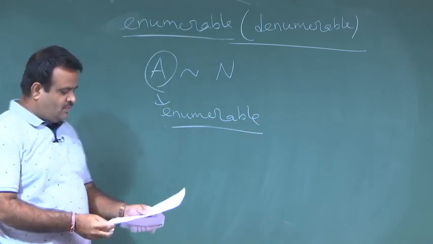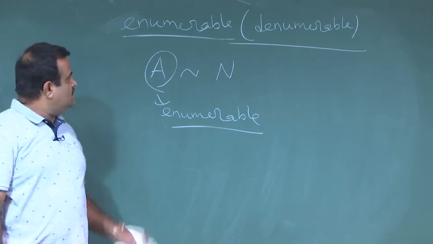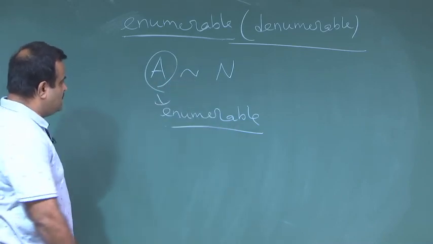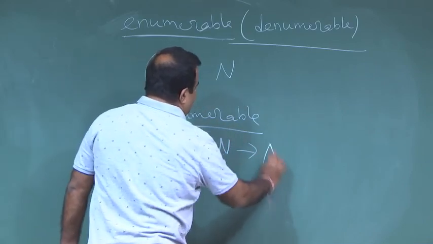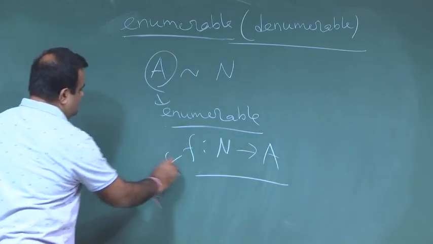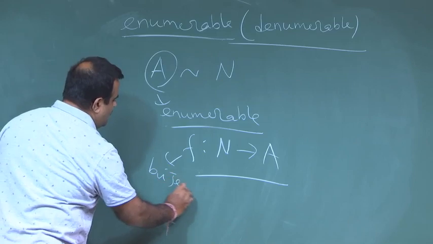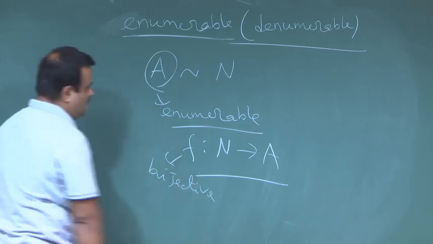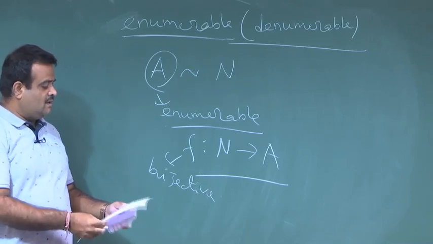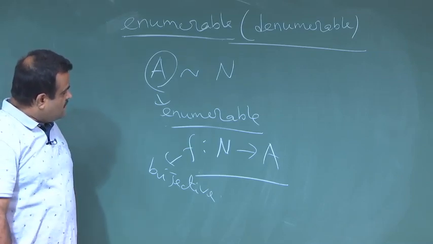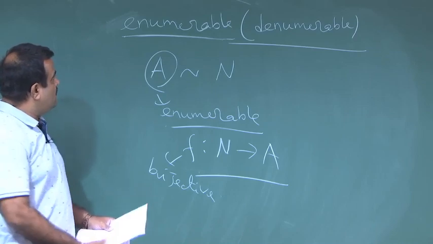A set is said to be enumerable if it is equipotent with the natural numbers. That means, if there exists a bijective mapping from N to A, then we call this an enumerable set.